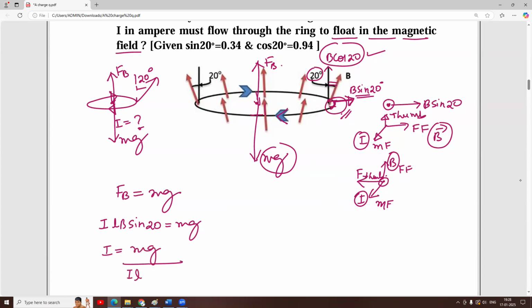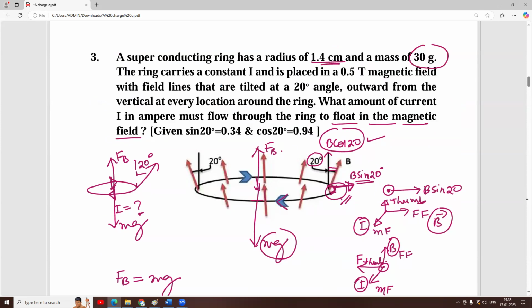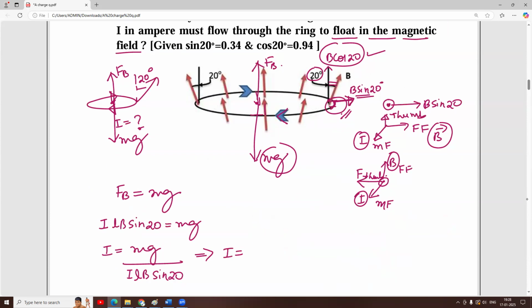If you substitute for all these things, you will get I is equal to mg divided by L B sin theta. The mass of the ring is given as 30 gram, so 30 into 10 to the power minus 3 kg. And g I will take as 10. We have to find the length L. It is the full length of the ring, so I can substitute L as 2 pi r.